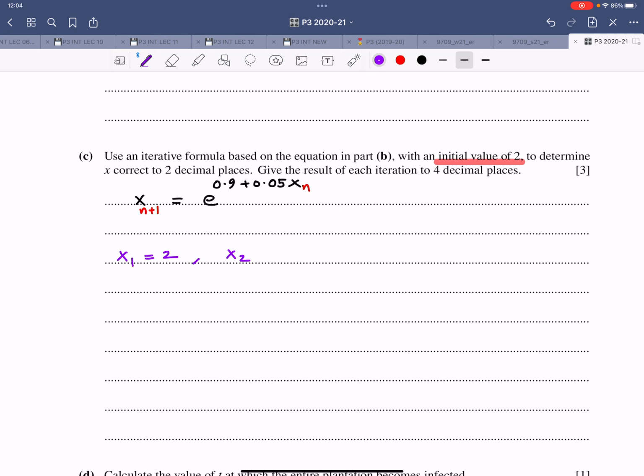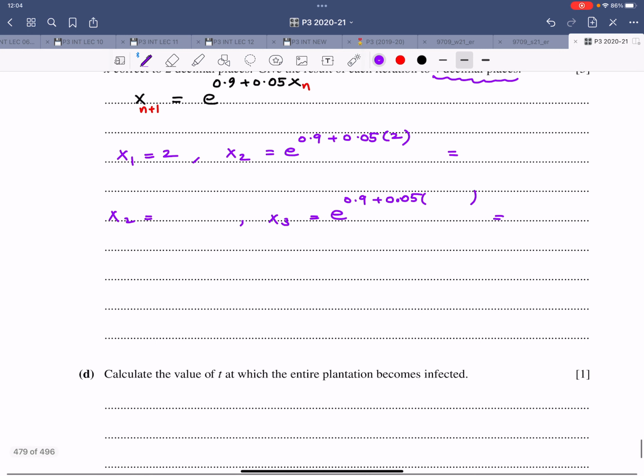Therefore x2 is e raised to the power of 0.9 plus 0.05 into 2. You will evaluate this value. x2 is this value. x3 would be e raised to the power of 0.9 plus 0.05 multiplied by this particular value, and it should be to 4 decimal places. x4 would be e raised to the power of 0.9 plus 0.05 multiplied by x3, and so on.